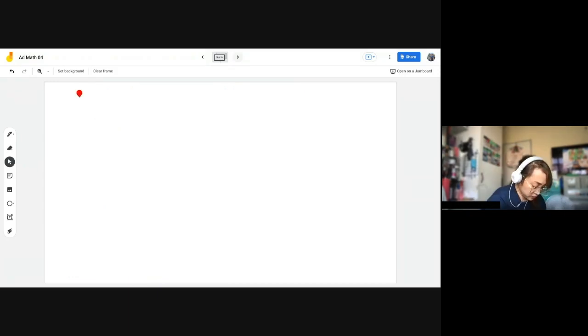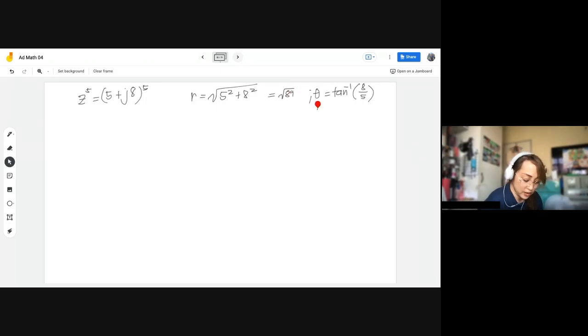Let's take a sample. Z equal to 5 plus j8. So what you can do, R is equal to square root of 5 squared plus 8 squared. What's the answer? And what's the theta? That is arctangent of 8 over 5. Square root of 89, the angle is 57.9946. Z to the 5th, we all know that for that to be Z to the 5th, it is R to the n, angle n theta.